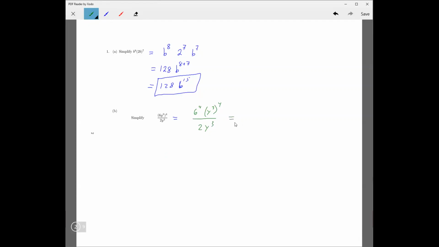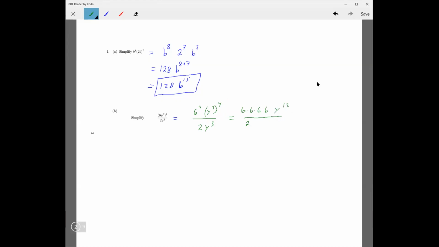Okay, so 6 to the 4th. Well, let me just illustrate that it's 6 times 6 times 6 times 6. That's what 6 to the 4th is. And you have this 2 here. And then this quantity right here is y to the 12th.